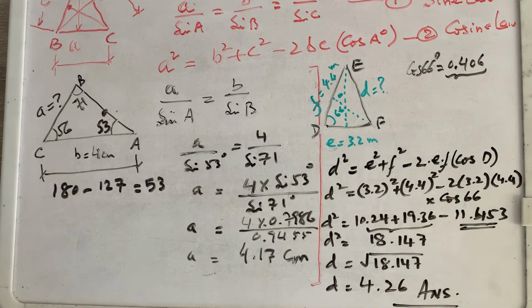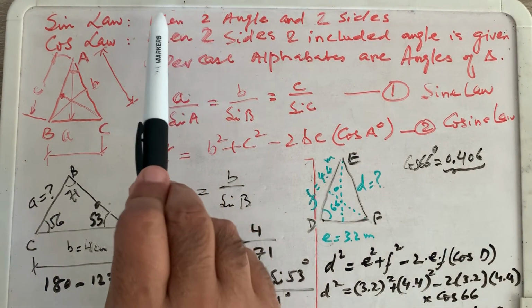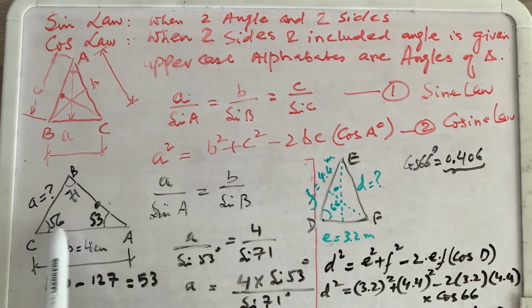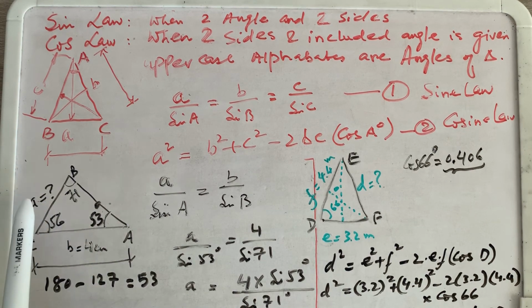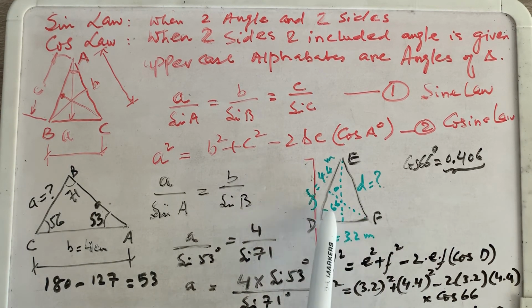So how easy it is now because of this sine and cosine law, right? We use the sine law when two angles and two sides are given, so one of the sides is known and we can calculate the other. And this one deals with two sides and the included angle.